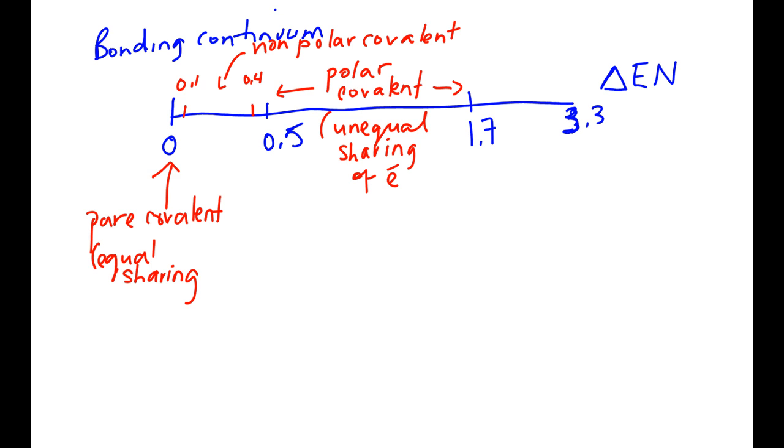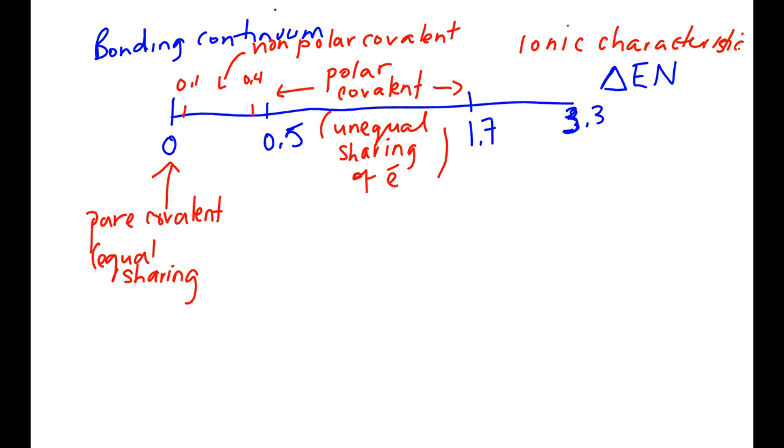So now we're talking, there are these dipoles. Somebody is a little bit positive, somebody's a little bit negative. And this will definitely affect physical properties, and we're going to get into that. And if you're greater than 1.7, you have ionic characteristics.